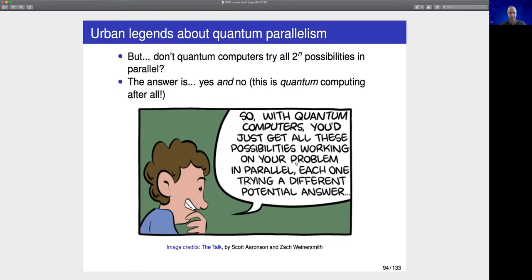So if you read a news article about quantum computing, or a popular science description of quantum computing, many times you find this statement that quantum computers try all the possibilities, these exponential possibilities, in parallel, and then they can solve many problems because they can work with all these possibilities at the same time.